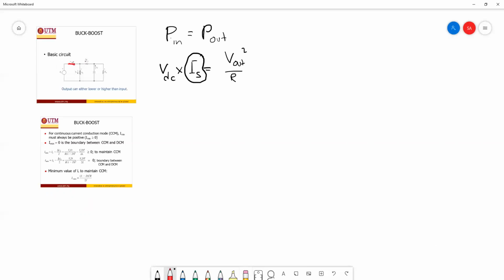When the switch is off, IS is no longer equal to IL. So IS is IL during the on state only. In mathematics, you can write IS is equal to D times IL. Since IS is a constant DC current, this IL is also a constant DC current, which we assume is your IL average.